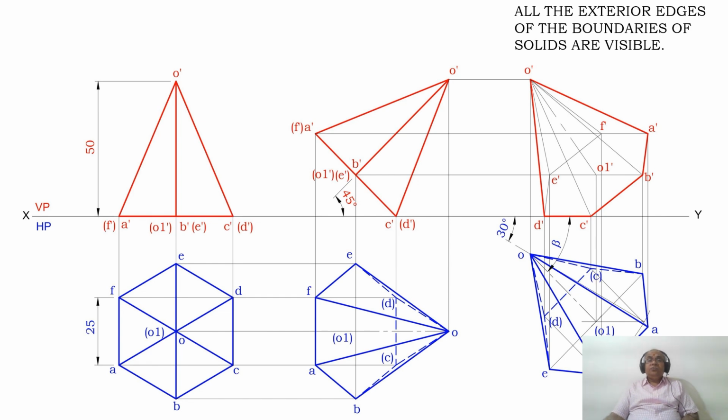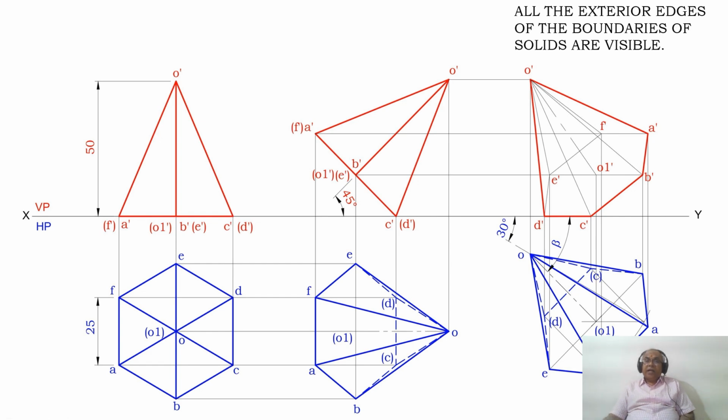So that means join between O dash A dash, because that happens to be the exterior adjusted boundary. Similarly, from D dash to C dash and C dash to B dash and B dash to A dash. Then A dash F dash, F dash E dash and E dash D dash, only these three sides will be in thin line.